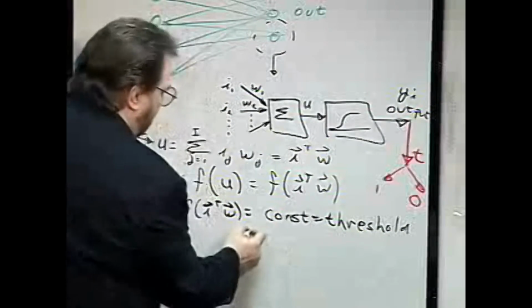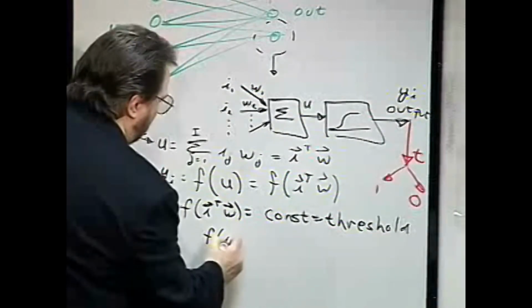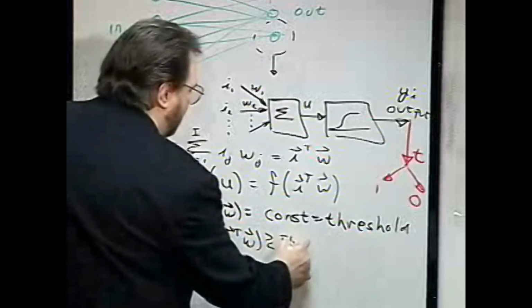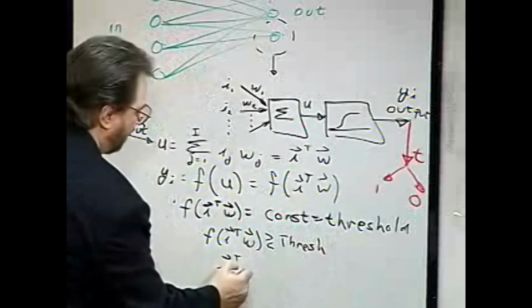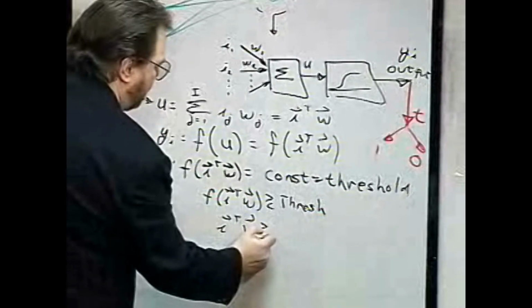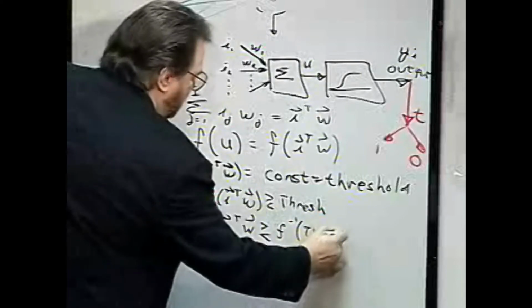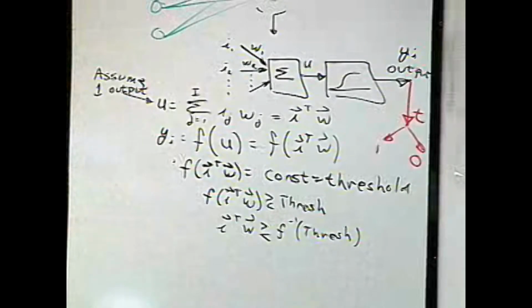In other words, if I want f sub I w greater than or less than some threshold, that's the same thing as saying that I transpose times the weight is greater than or equal to f inverse of the threshold. Does that make sense? In other words, I'm applying a strictly increasing function to both sides. I maintain the inequality, so my decision is not changed.